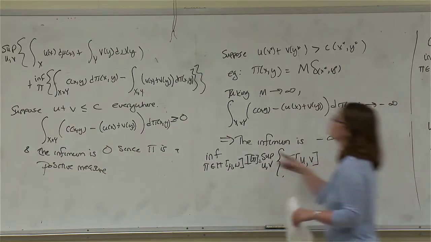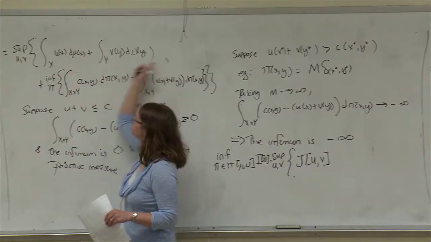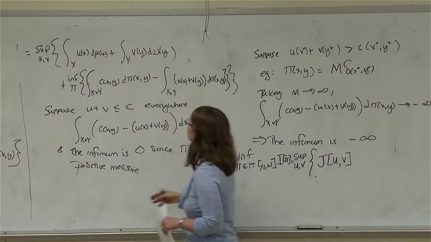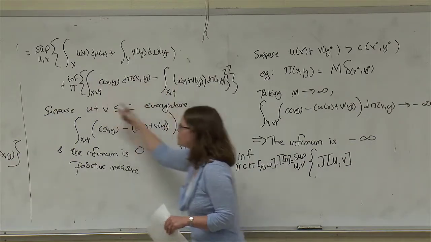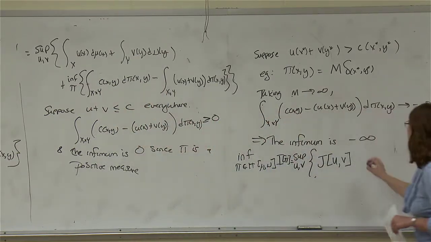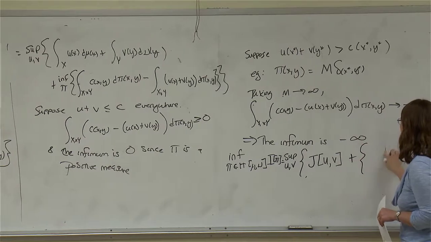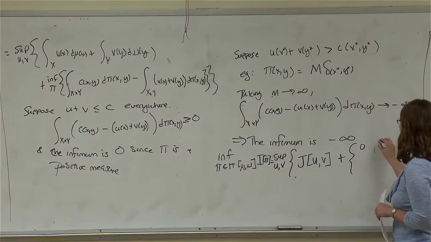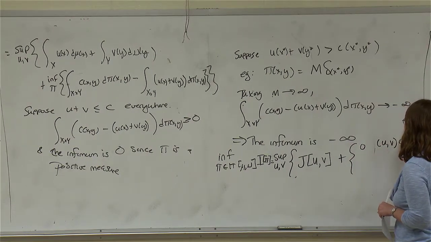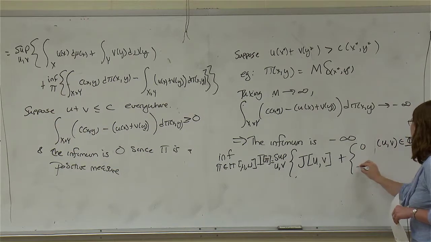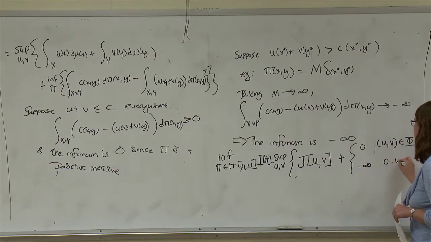Okay, so this part here was my j. That was the objective function for my dual problem. This thing here was the thing that was either 0 or minus infinity. So this is 0 if u and v belong to my constraint set, and it's minus infinity otherwise.